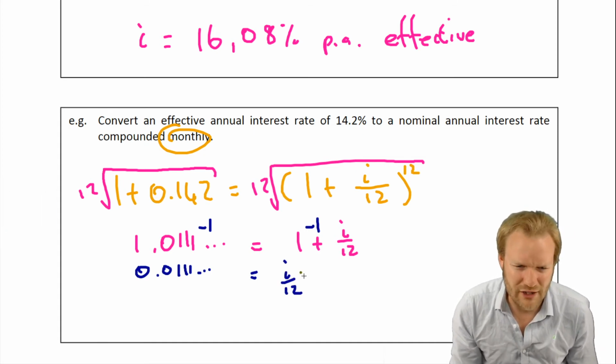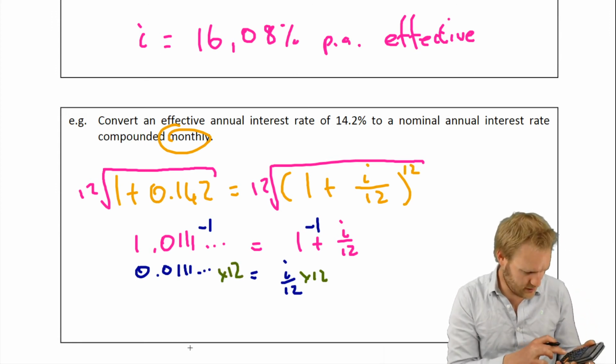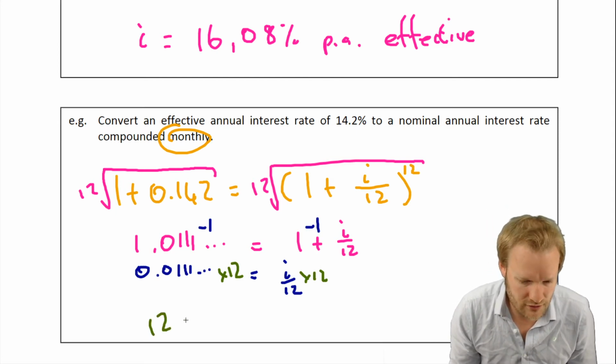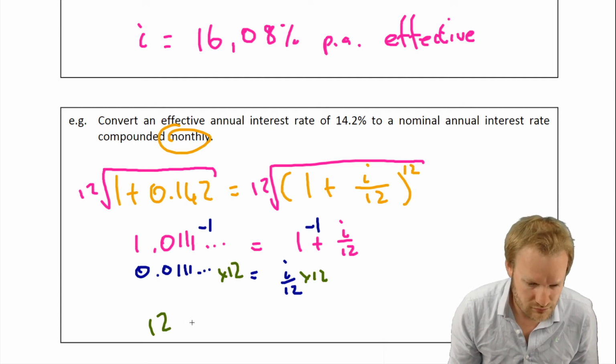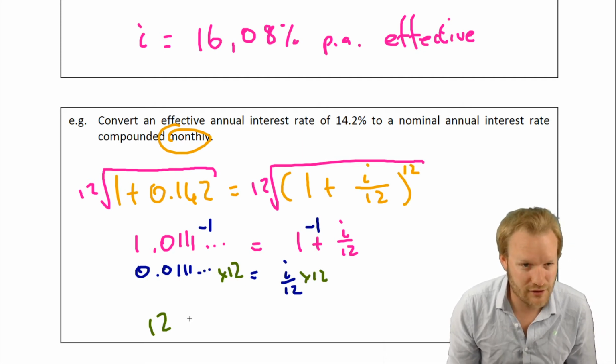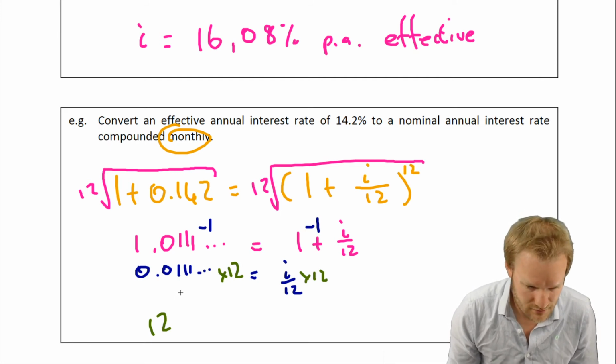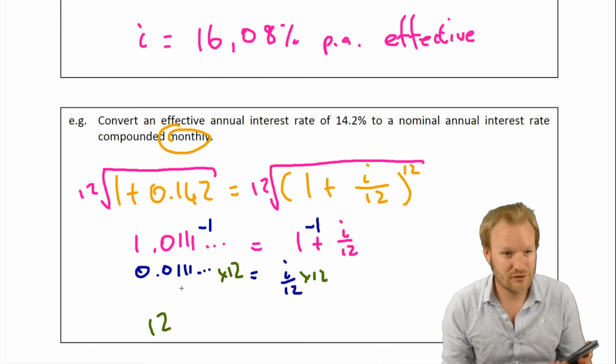Okay, next part. Times 12, times 12. Remember, keep it in your calculator. And we've got 12. Why did I get something different the previous time? What did I do?